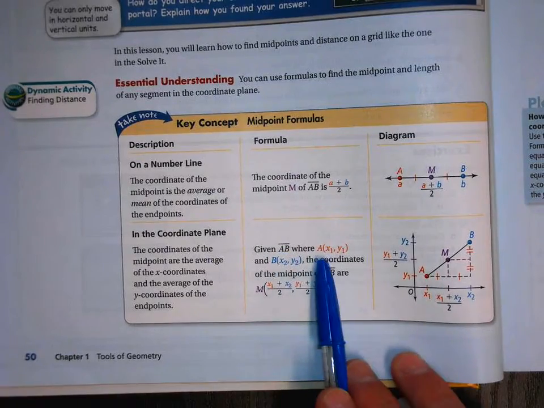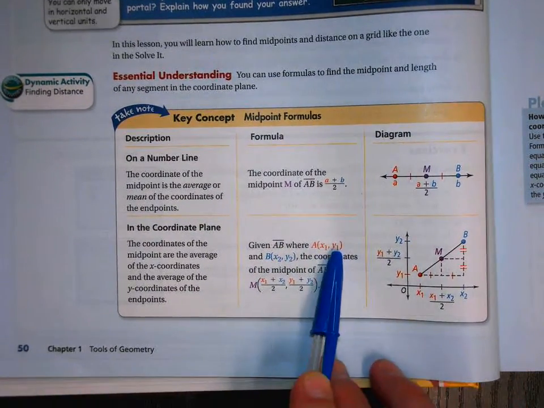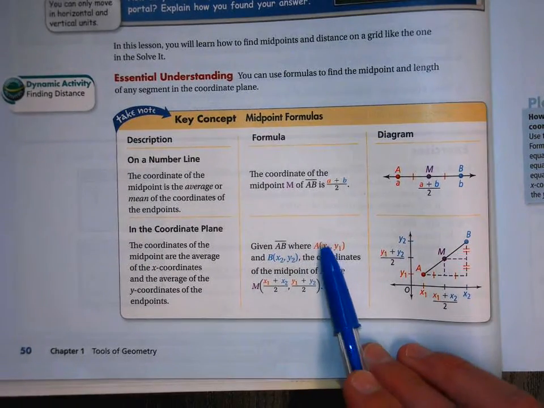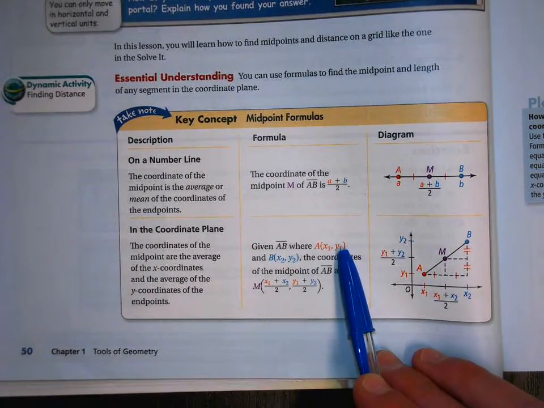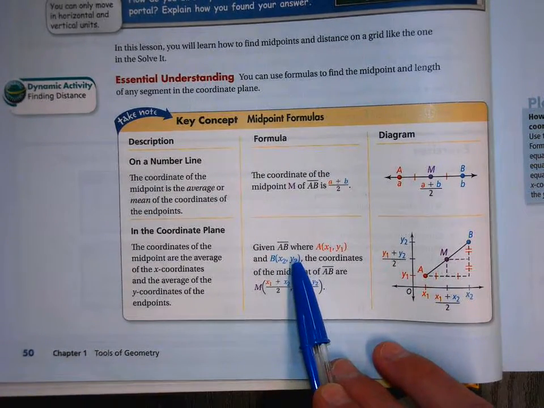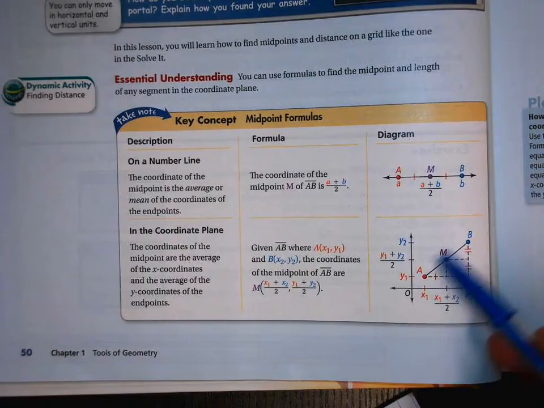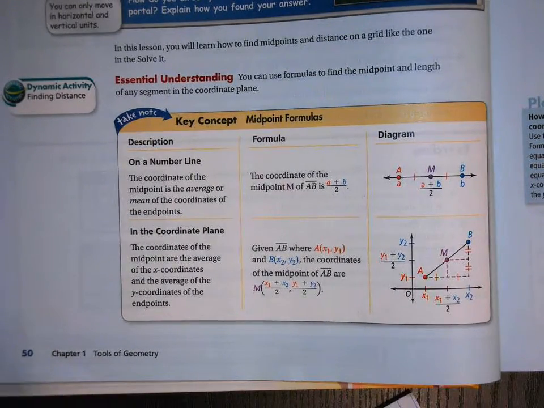Remember how an ordered pair works? You get an x-coordinate and a y-coordinate. So you've got to remember that vocab. You have that for ordered pair A, and you have an x-coordinate and a y-coordinate for ordered pair B. That's what that means.